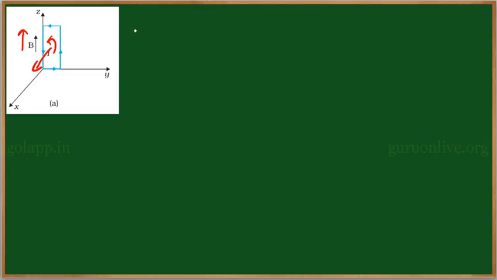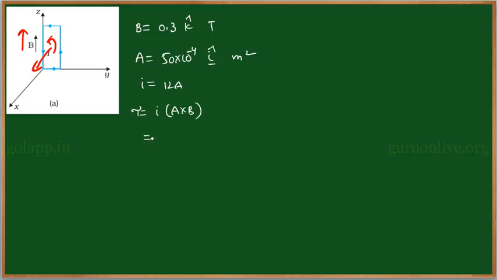I can write the given quantities with directions as B is equal to 0.3 k cap Tesla, where k cap is the unit vector in the positive z axis direction, and A is equal to 50 into 10 to the power of minus 4 i cap meter square, where i is the unit vector towards the positive x-axis, and current I is equal to 12 amperes. Now tau is equal to I into A cross B, that is 12 into 50 into 10 to the power of minus 4 i cap into 0.3 k cap.